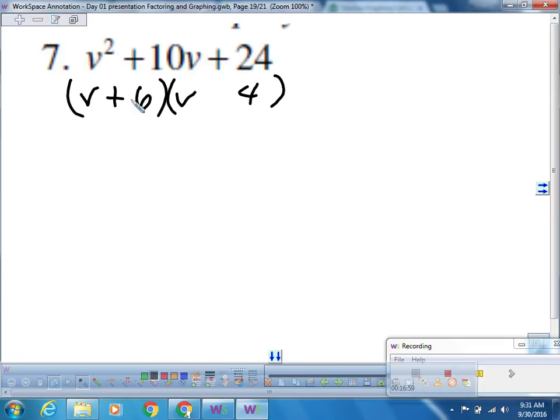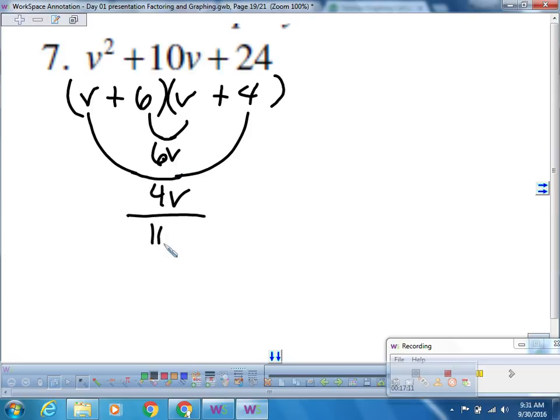So I check my work by doing rainbows and checks. 6V and 4V, I put x. 6V and 4V make 10V, positive, and V times V makes V squared, and I know 6 times 4 makes 24, and that's what I mean by checking your work. If you can factor that quick and check your work, you're done, okay?